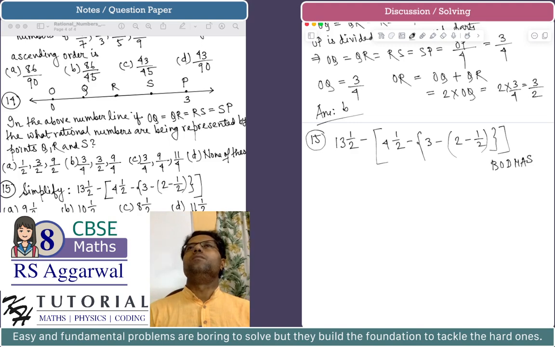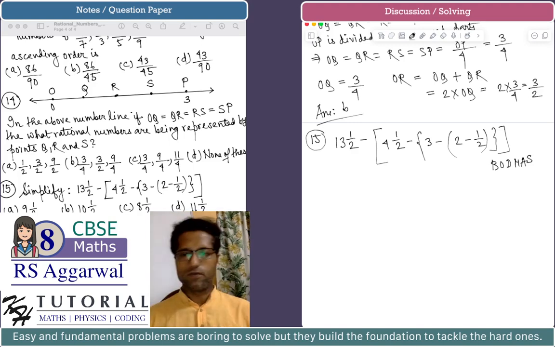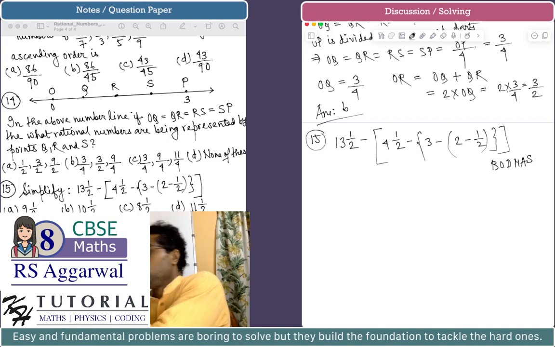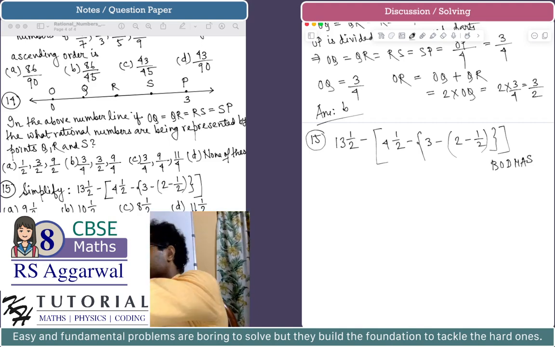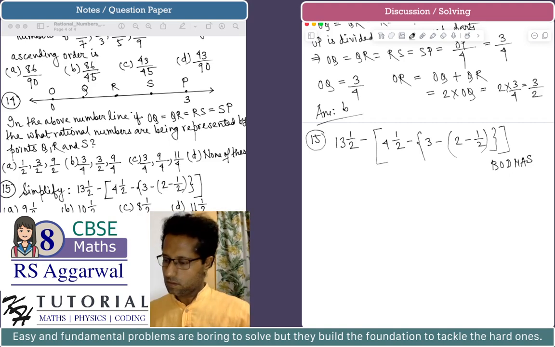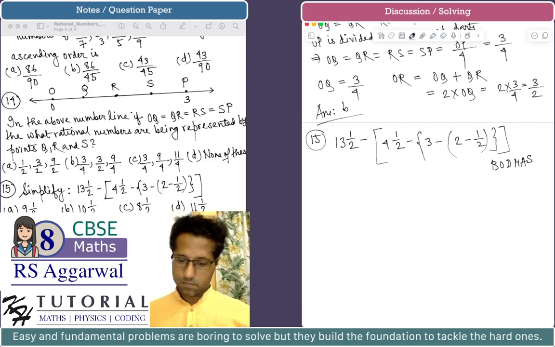What is O? I always forget O. Let me see if I can find what is O. Number systems.